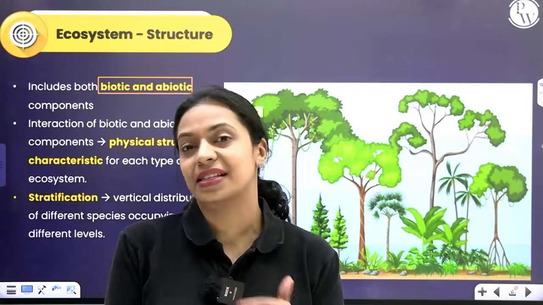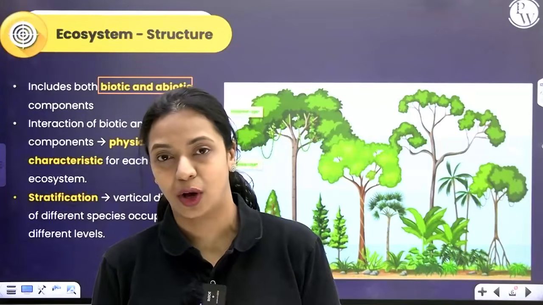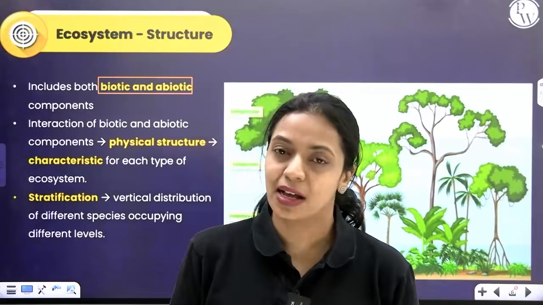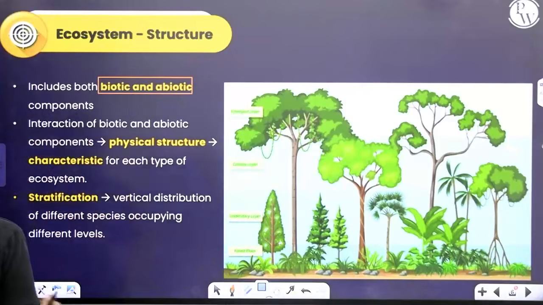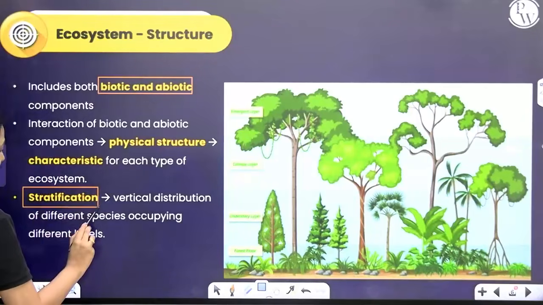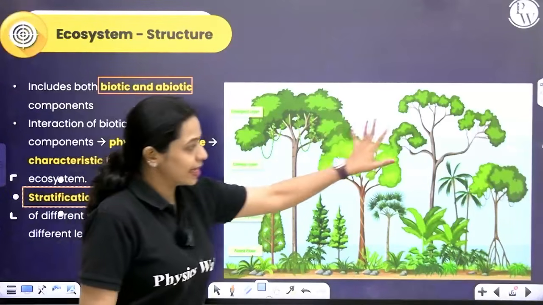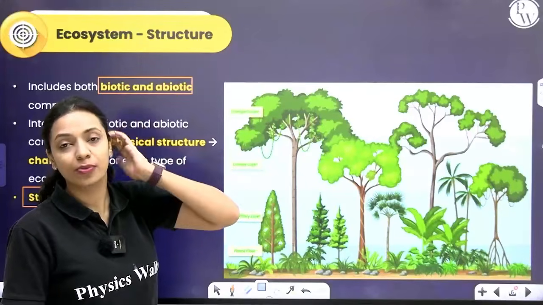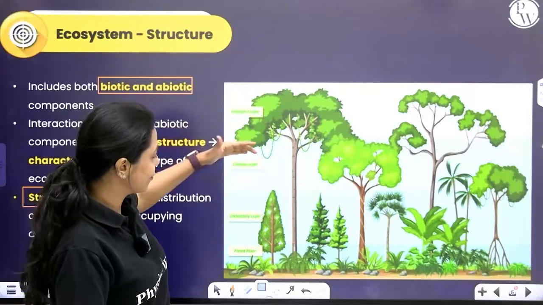So because of this interaction between biotic and abiotic components, a physical structure also results in ecosystems. One example for that is stratification that you see in tropical forests. This is a characteristic physical structure for a tropical forest where you find plants growing in different layers.